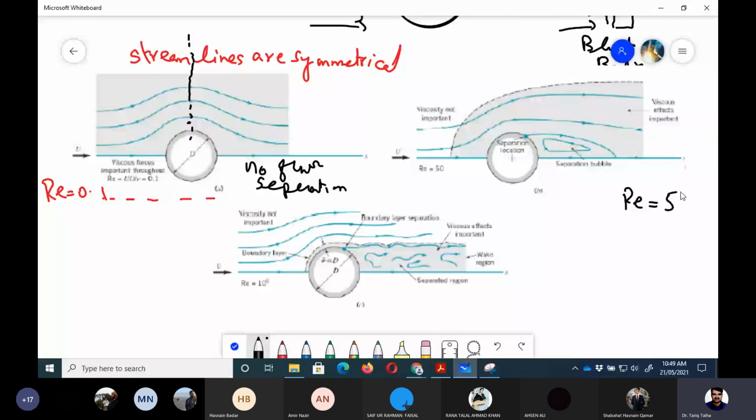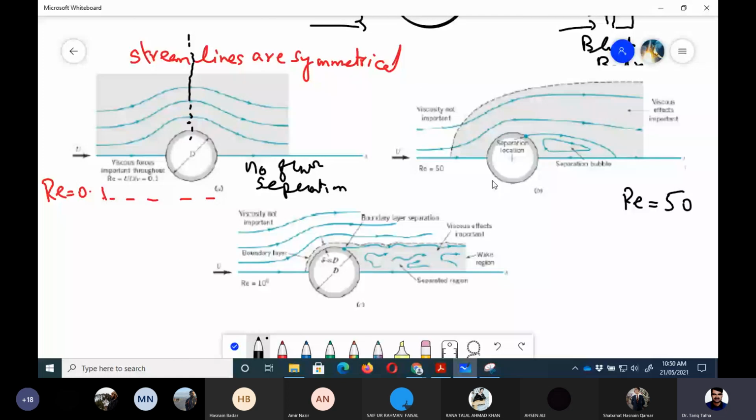Right? So it means that in this case, viscous forces are 50 times weaker than the inertial forces, or the flow momentum forces. So in this case, you can see that first of all, streamlines are no more symmetrical.